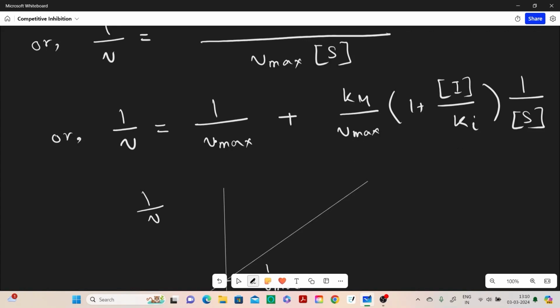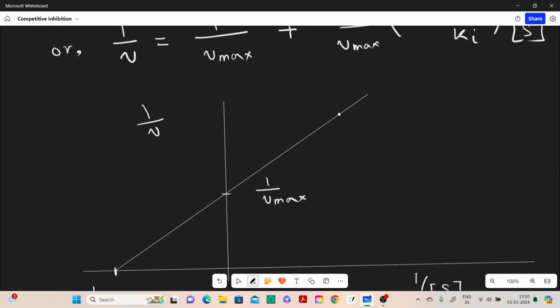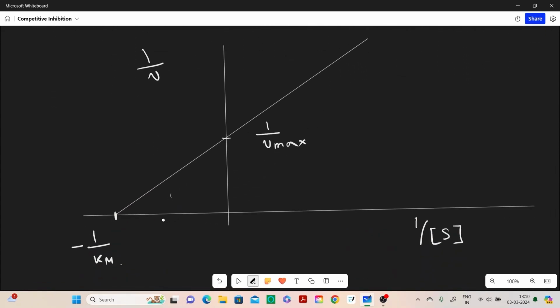So when 1 by V is equal to 0, the Km value changes, and it will move further from the intercept, and it will be something like this. So 1 by Vmax remains the same, and the x-intercept becomes minus 1 by Km into 1 plus I by Ki.